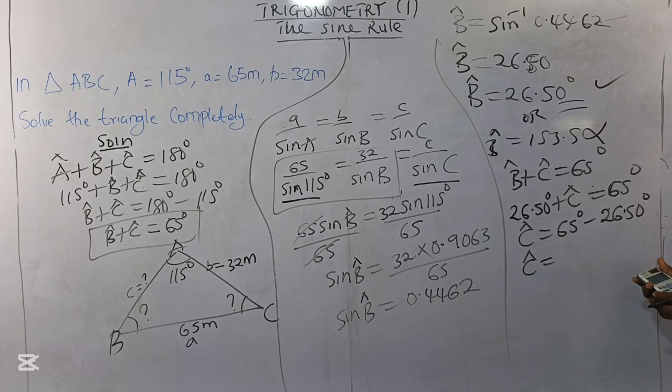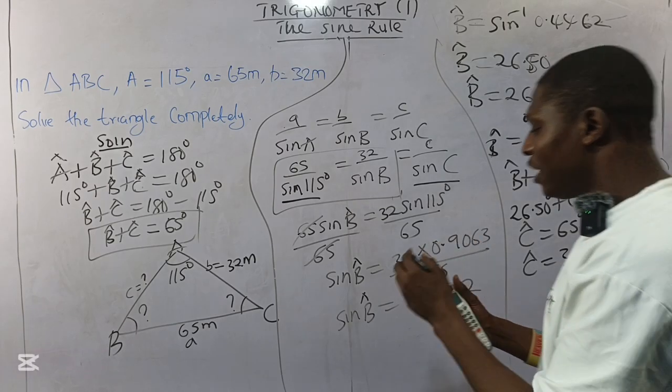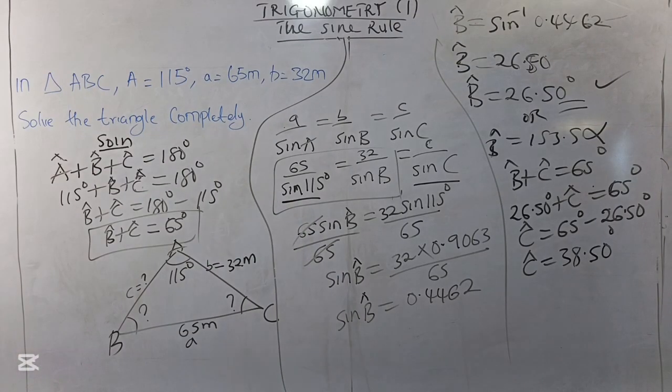So angle C will be equals to 65 minus 26.50, giving me 38.5 degrees, which is written as 38.50 degrees. So this is my angle C. So I can therefore get my small letter c, which is side C.